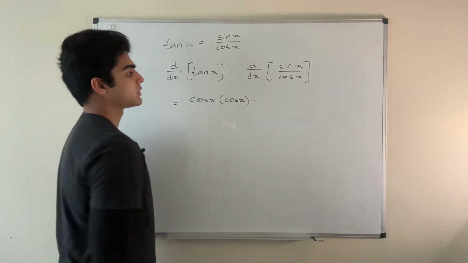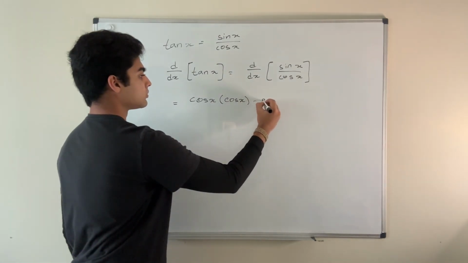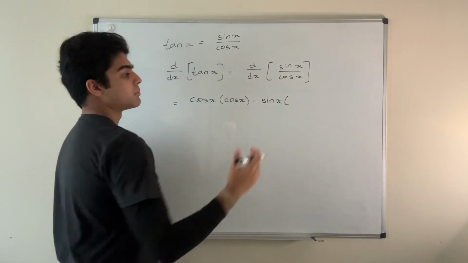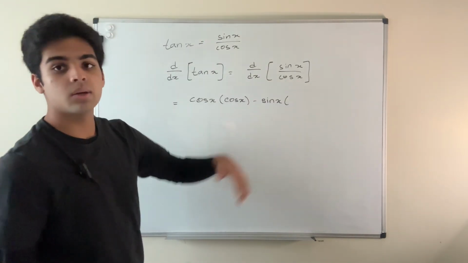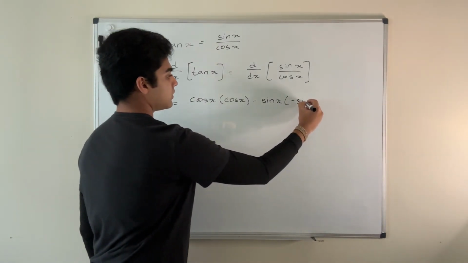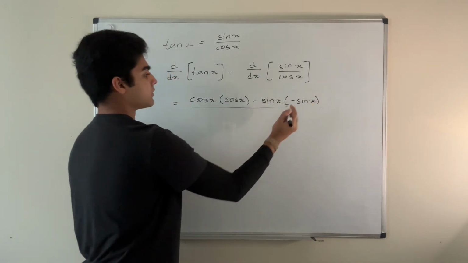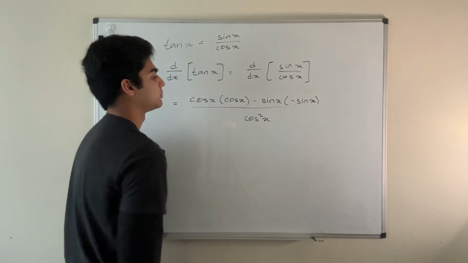And then minus the top function, which is just sine of x, times the derivative of the bottom function, which is the derivative of cosine x, which is negative sine of x. And then all over the square of the denominator. So all over cosine squared x.